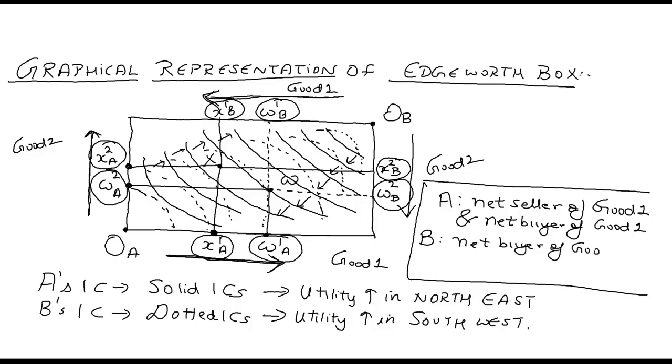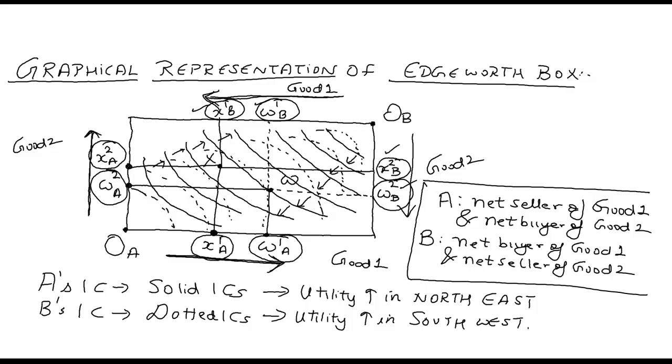Why? Because she is consuming more than her endowment. And she is a net seller of good 2. This is good 2, guys, I'm correcting it. Why is she a net seller of good 2? Because on the good 2 axis, she is consuming less than her endowment.